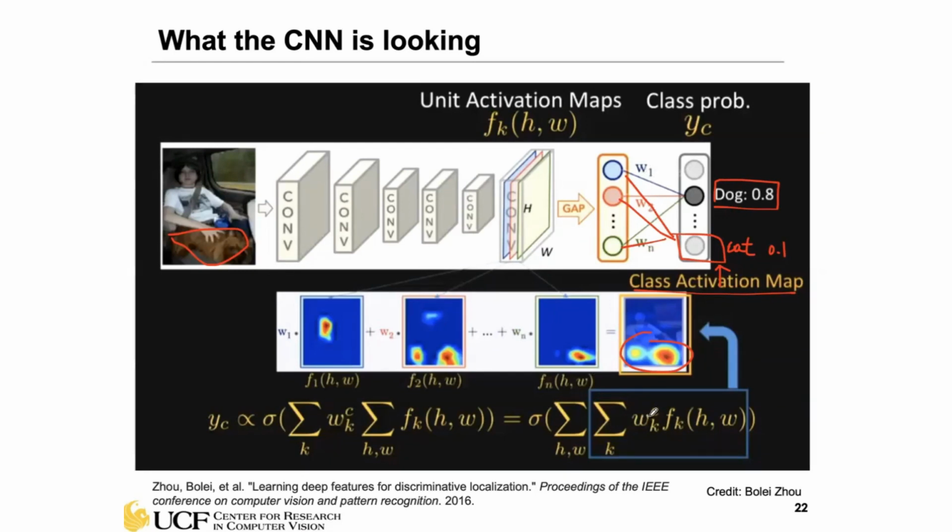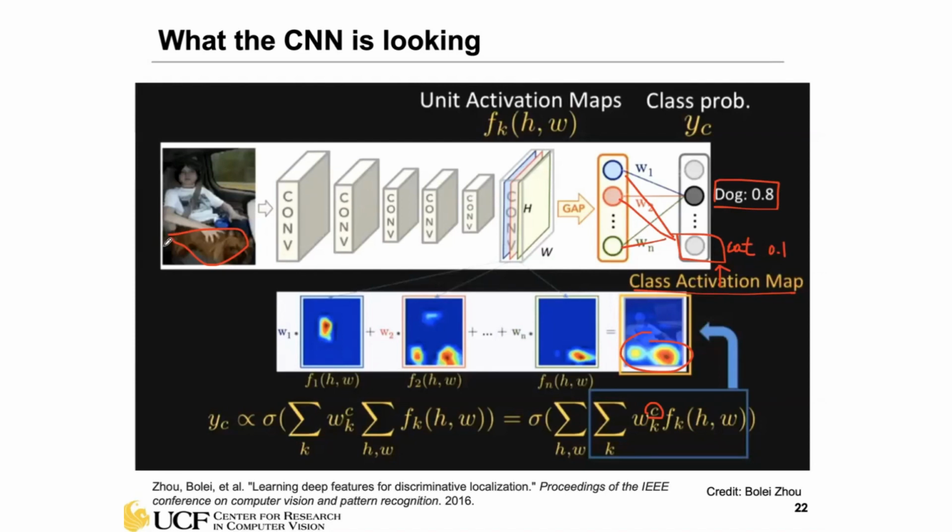That's why we have a class superscript c here. So we have the type of classes, maybe k, meaning which class it belongs to. So we can have another set of weights here, and generate another class activation map that specifically belongs to the category of cat.